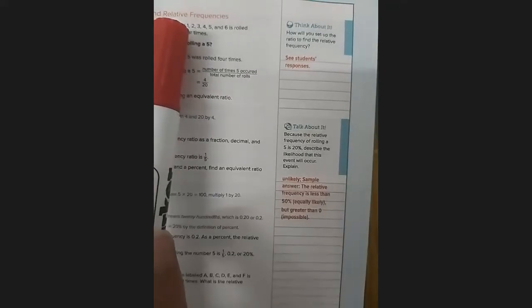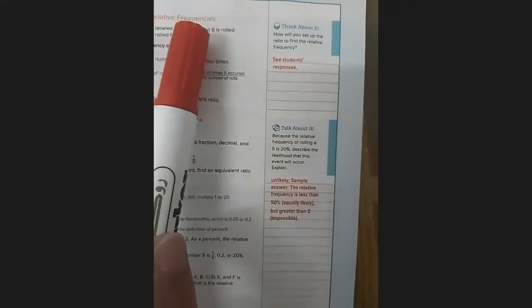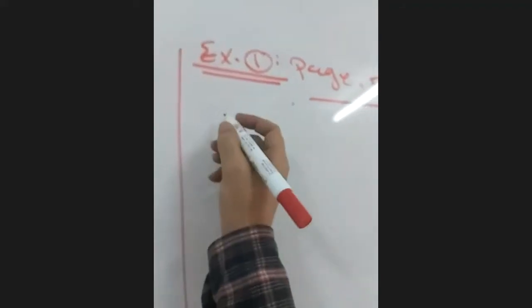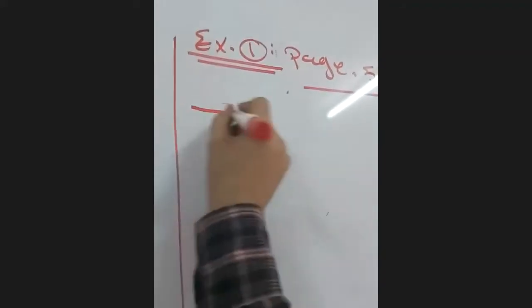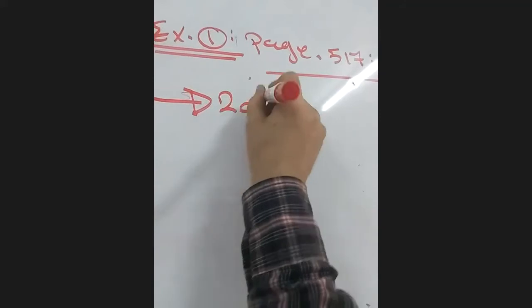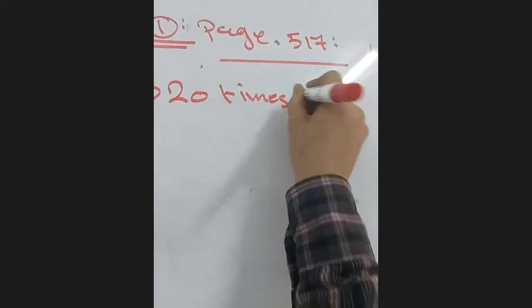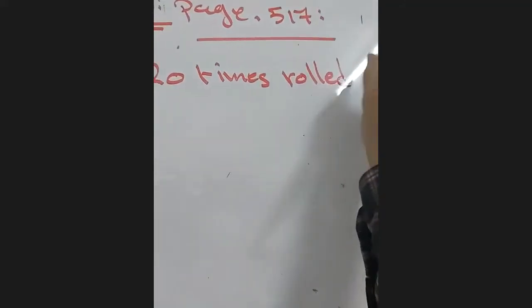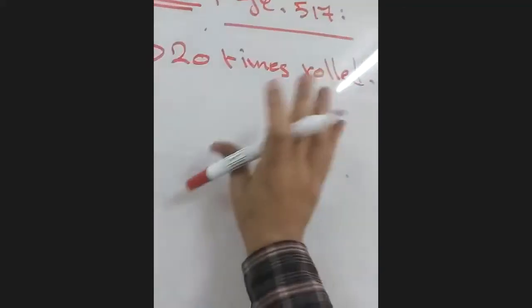A number cube with sides labeled 1, 2, 3, 4, 5, and 6 is rolled 20 times. Then how many times did they roll the number cube? 20 times. This is the total, right? Yes, 20 times rolled. Okay, continue.